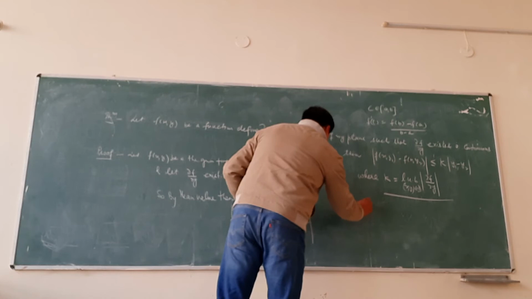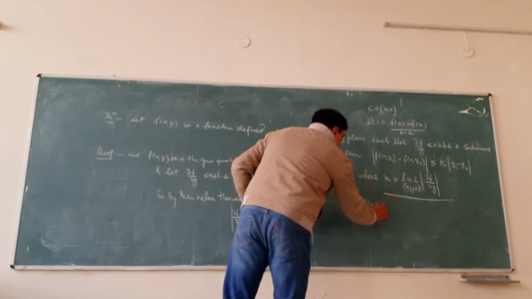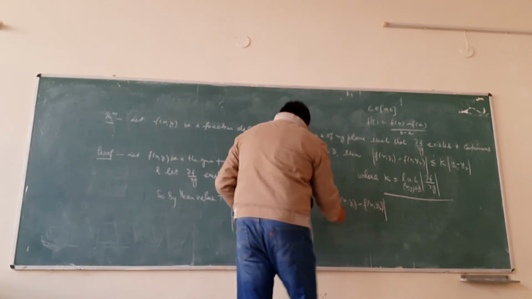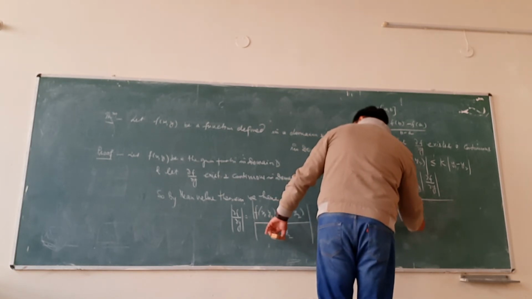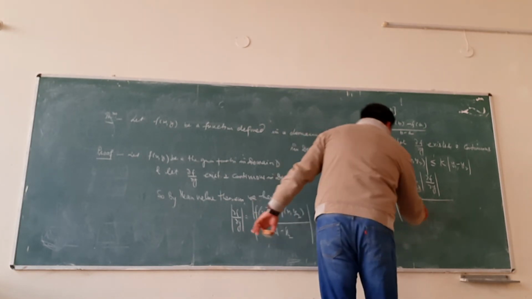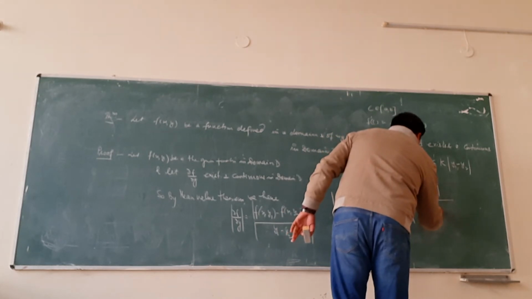and in that case from here mod of f(x,y1) minus f(x,y2) will be equal to mod of curly f by curly y multiplied by y1 minus y2.